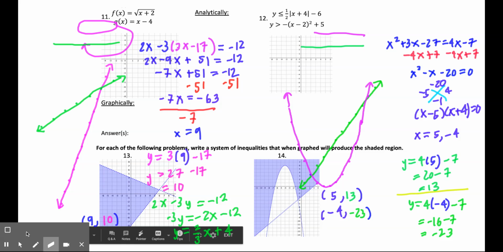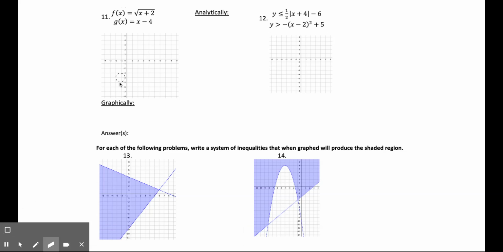Okay, last set of problems. So this one, you want to set them equal to each other, just like the last one. And then you want to square both sides. And then you get x plus 2.